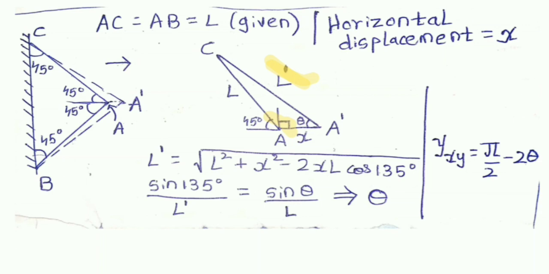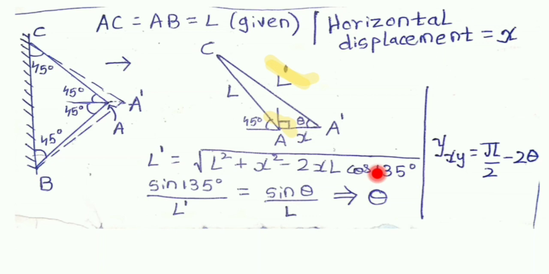We know L dash, we know L, we know x, we know all the sides, and we know the angle of one part, 135 degrees. So sin 135 divided by L dash equals sin theta by L, since L is opposite theta. From here you are going to get theta, because that is the only unknown.